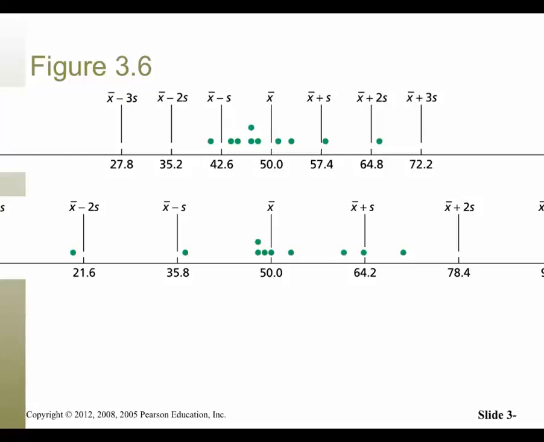So if they bowl a game, your best bet is that they're going to bowl 50, for both of them. But are they the same bowler? No. The second bowler is how compared to the first? Less consistent, right? The first bowler consistently bowls more near 50. The second bowler is more erratic. They can have a really good game, but then a really bad game.